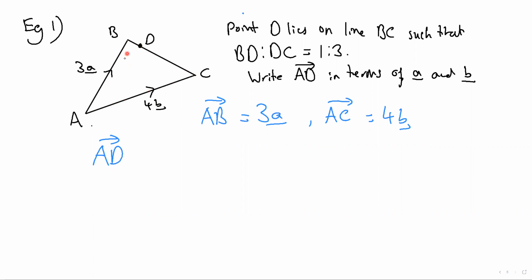What I'm going to do is take the path from A to B and B to D, but either will work. So we can write A to D as a composition of these two vectors.